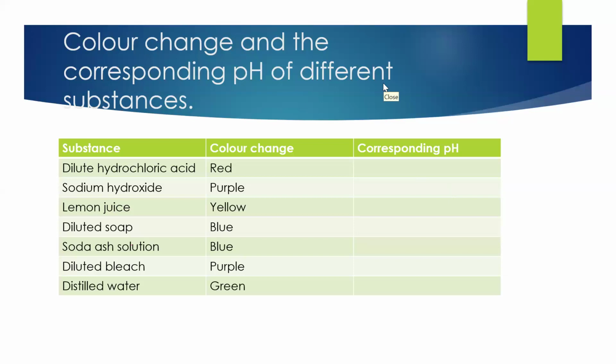Which ones are acids in this table? Someone just tell us. Which ones are acidic? Acid. Okay, good. Another one. Lemon juice. Lemon juice, good. Another one. I think that's all. Thank you. Then the ones that are alkaline.